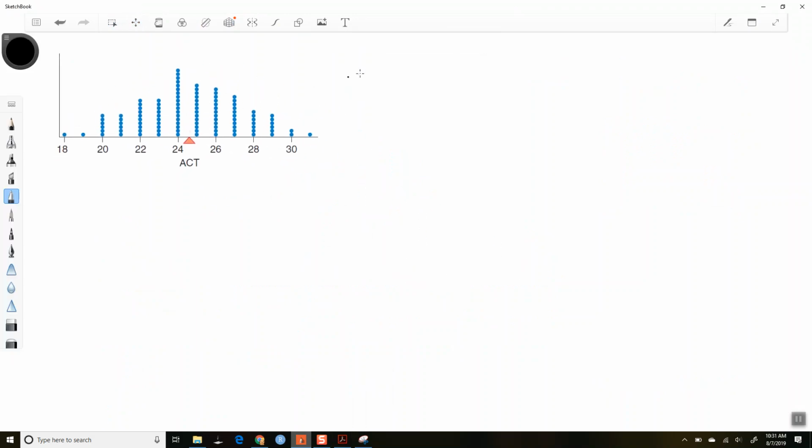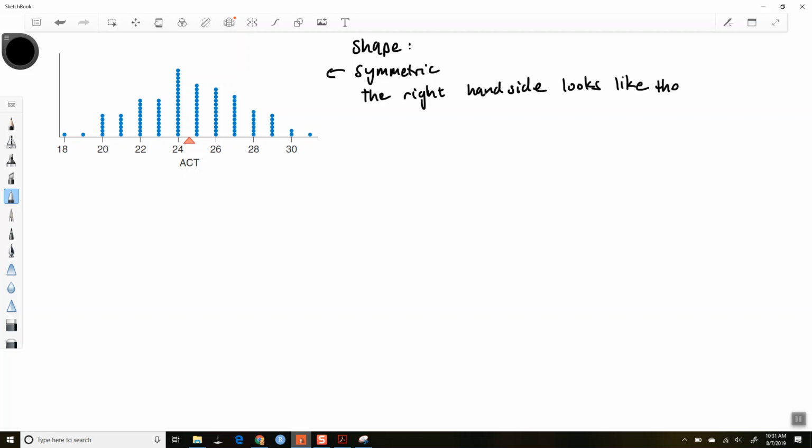This is what we got, and we would say this is symmetric as far as the shape goes, because we're talking about what's in the middle. The right-hand side looks like the left-hand side.